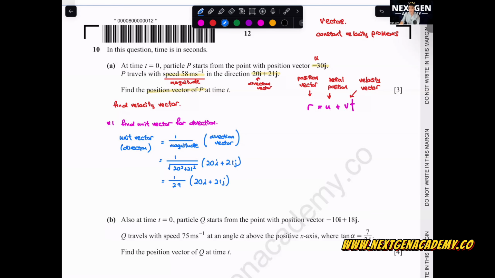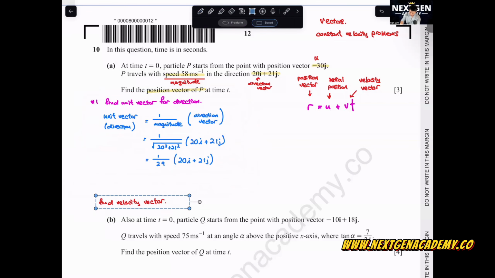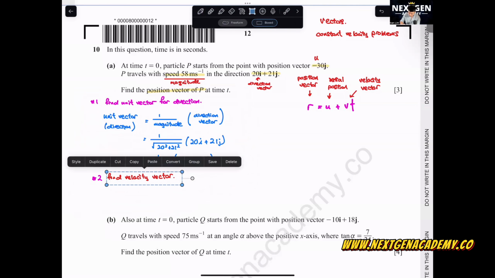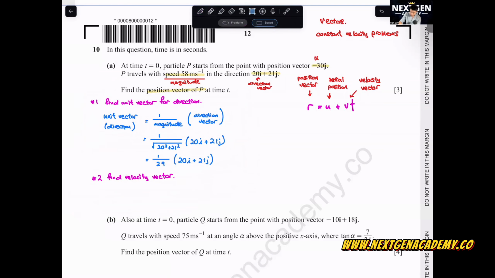Okay, does everyone understand this first part? We find the unit vector for direction. Now the second part is you find the velocity vector. How do we find the velocity vector?